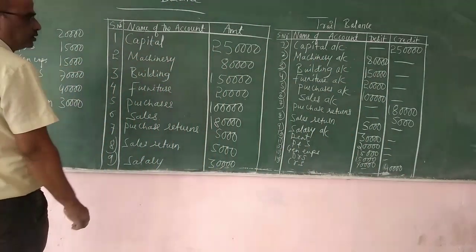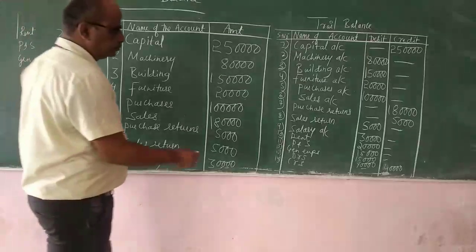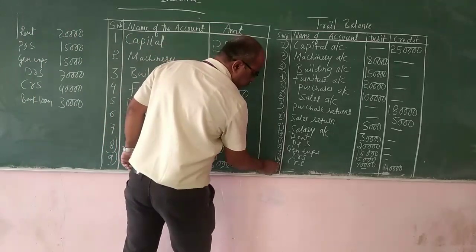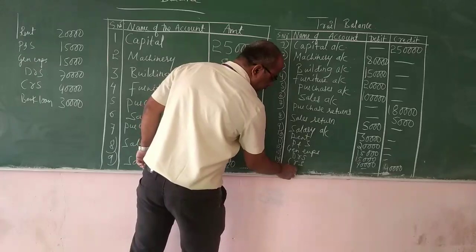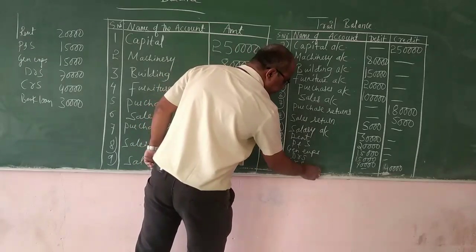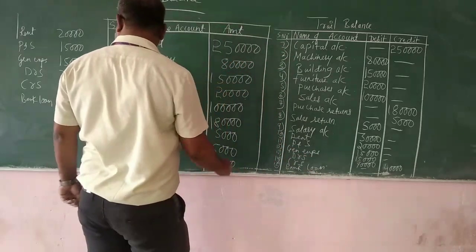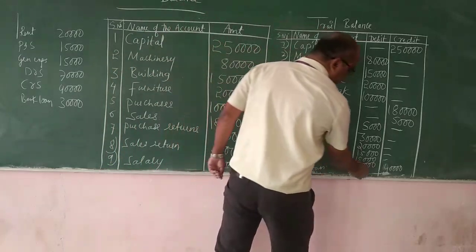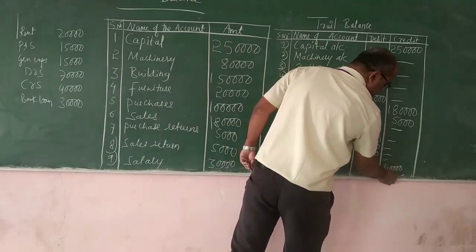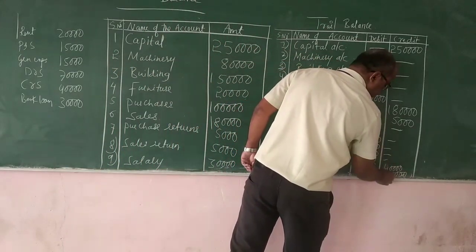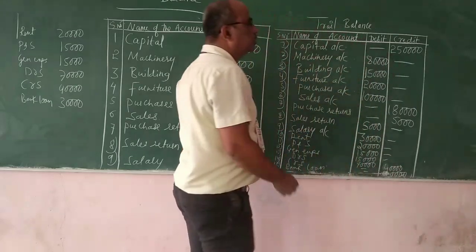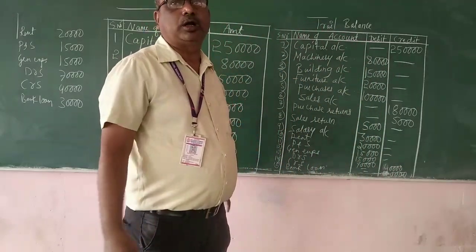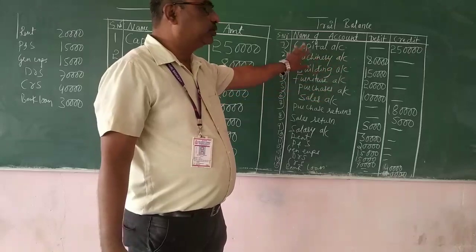Next is bank loan 30,000. Now, if you total both sides, it should tally.